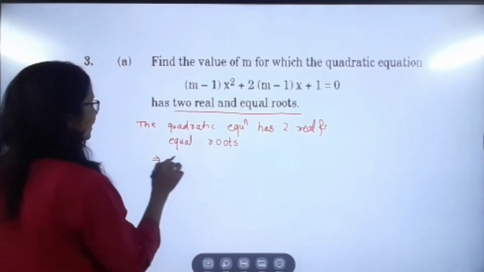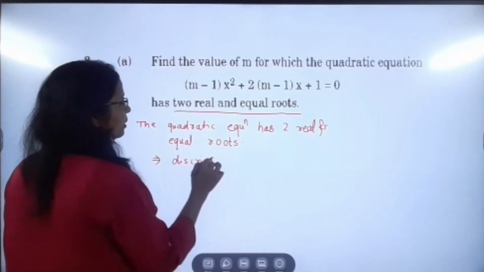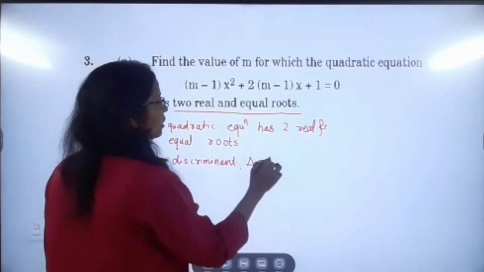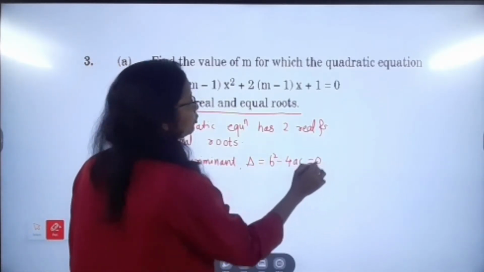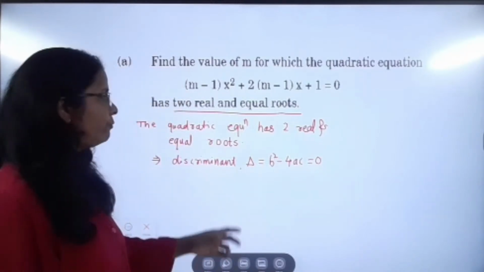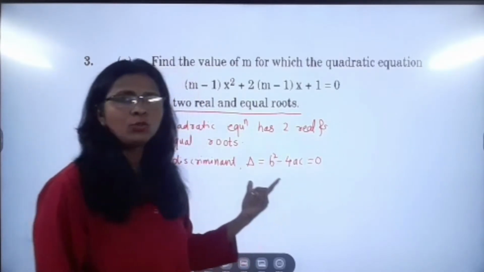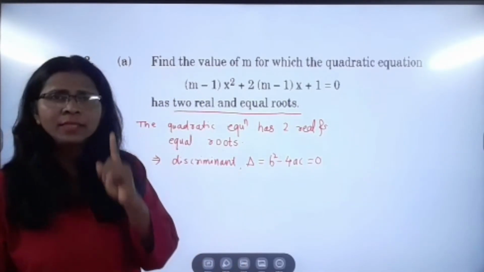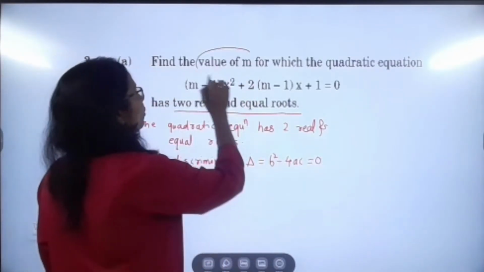It means that the discriminant, that means delta, which is equal to b square minus 4ac, is equal to 0. So if you find out that b square minus 4ac is equal to 0, if you apply this condition, then you definitely get the value of m.